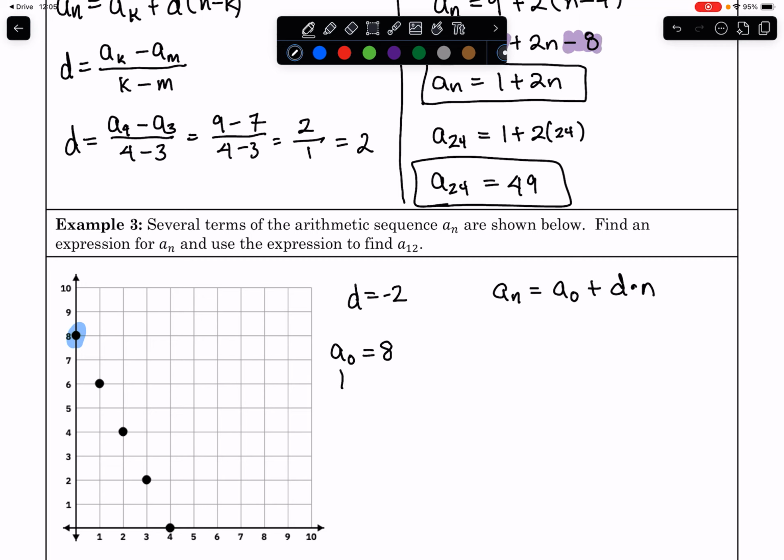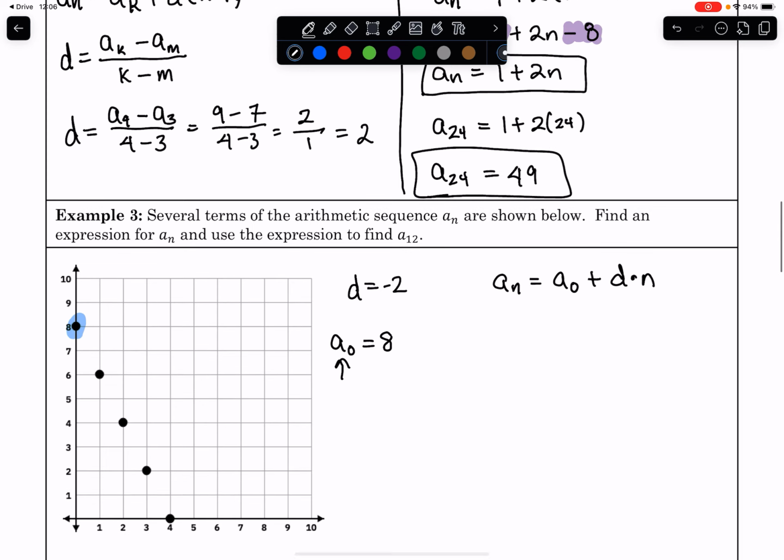This refers to the initial value, and on the graph, that initial value is the y-intercept. As you can see in this picture, we cross the y-axis at 8, so the initial value is 8. So this function is 8 plus negative 2 times n, or 8 minus 2n.